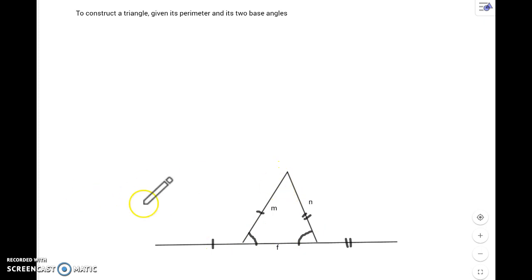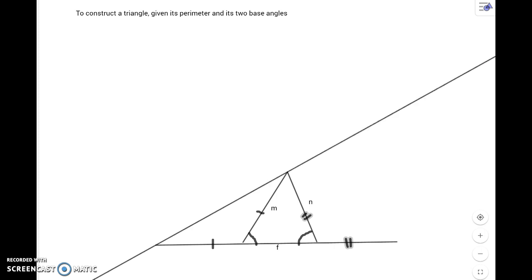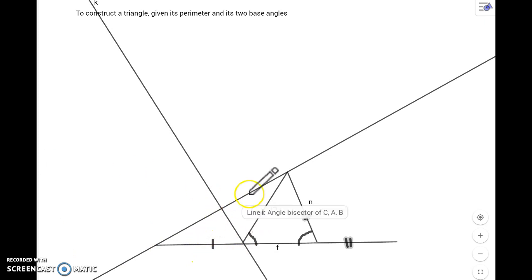Now how can we do this? In order to make two equal lines like this, we can think about how we can make a line like this. So in case we join these two points, say for example like this, and make a perpendicular bisector for this, then we can find this point at which you can move this side to this side.